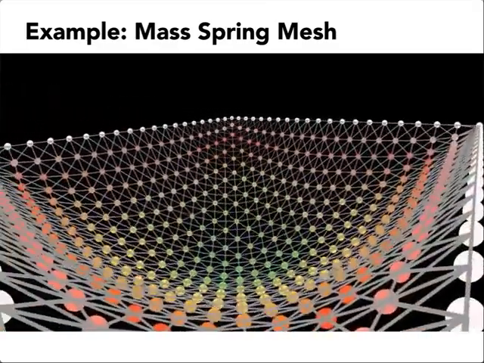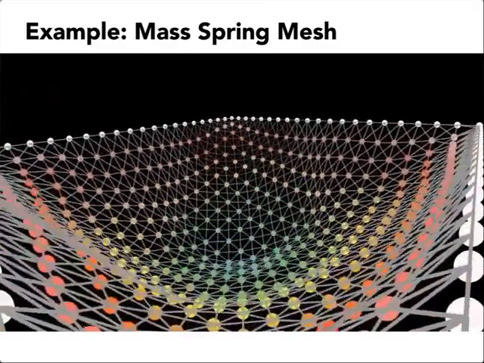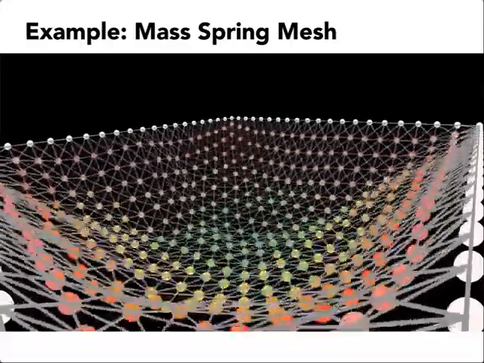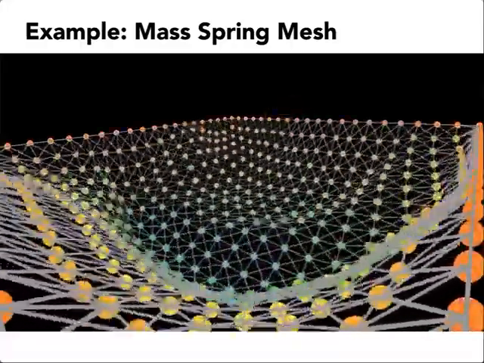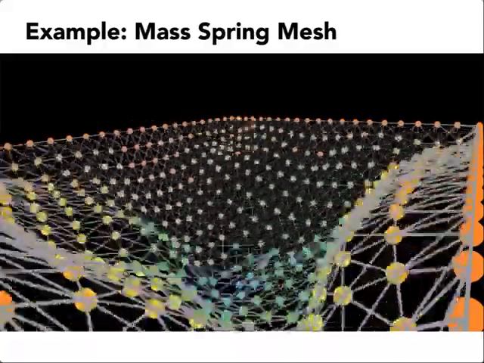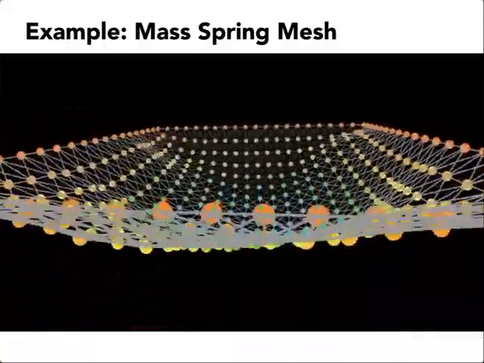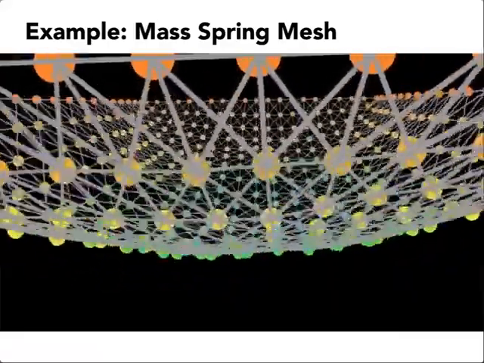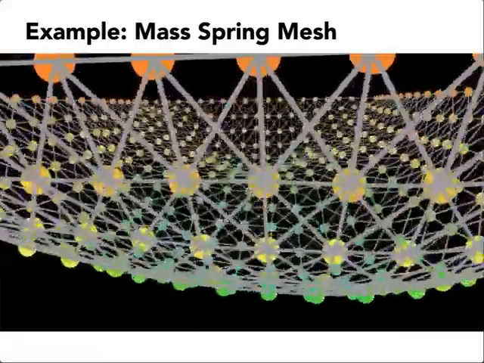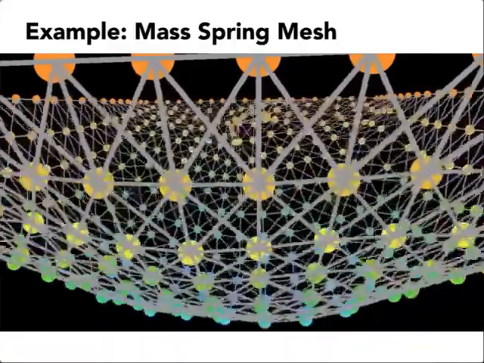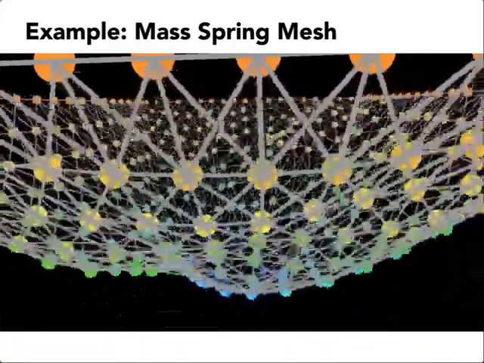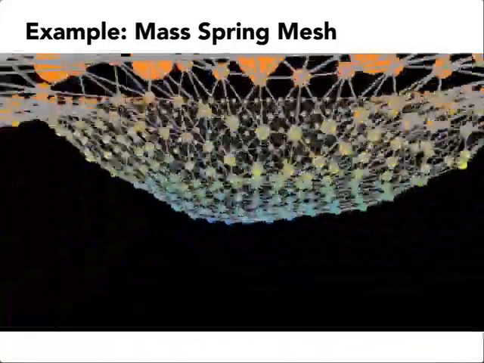And there's gravity. But in addition, the user can exert forces on the system by pulling specific points on this mesh in different locations. And by doing that, we get a lot of emergent dynamic behavior in this system, because those forces then will transmit to other locations in the system through the connectivity here.